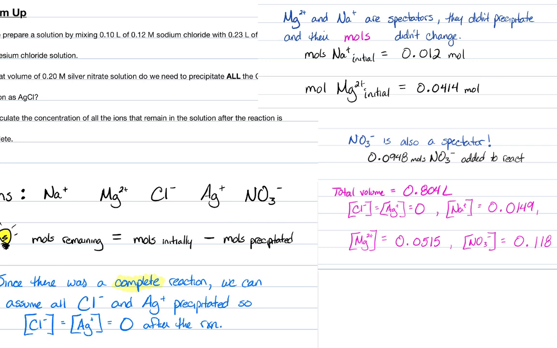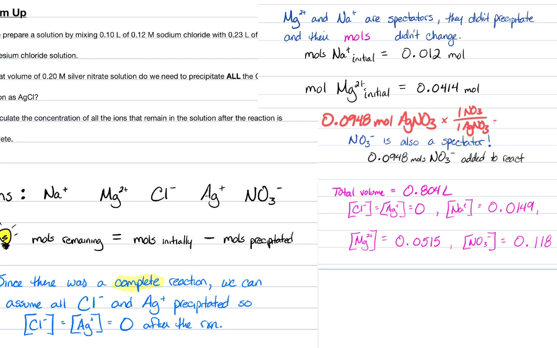Again, NO3, always a spectator. Never an instance when NO3 is not a spectator. Now this one is a little more roundabout way to get to this number of moles. So in our calculation, we figured out that we have 0.0948 moles of AgNO3. That was the result of part A. And so what I'm looking at here is that there's 1 NO3 per 1 AgNO3, right?